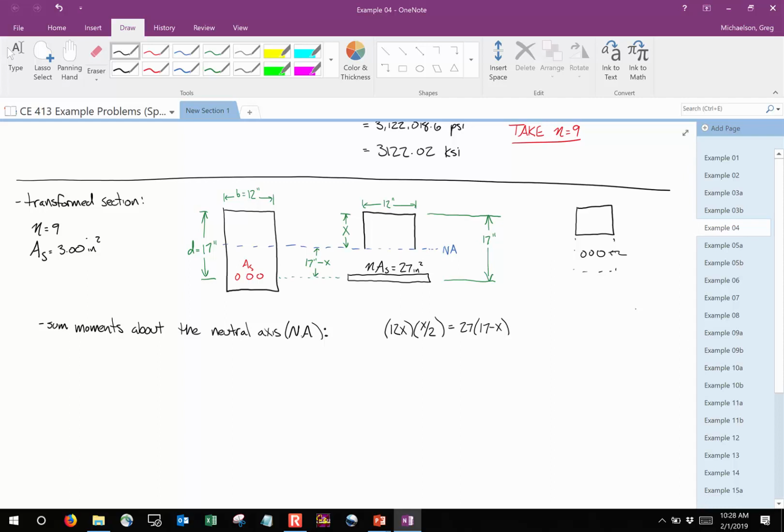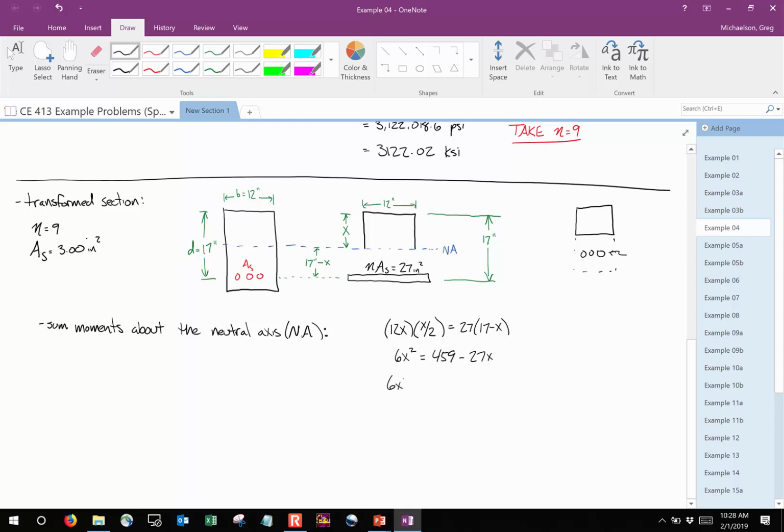Now, at this point, this is algebra in order to determine x. Over here on the left, we have 12x times x over 2, so that's 6x squared. And we have 27 times 17, so that comes out to 459 minus 27x. Remember, you've got to distribute that multiplication.